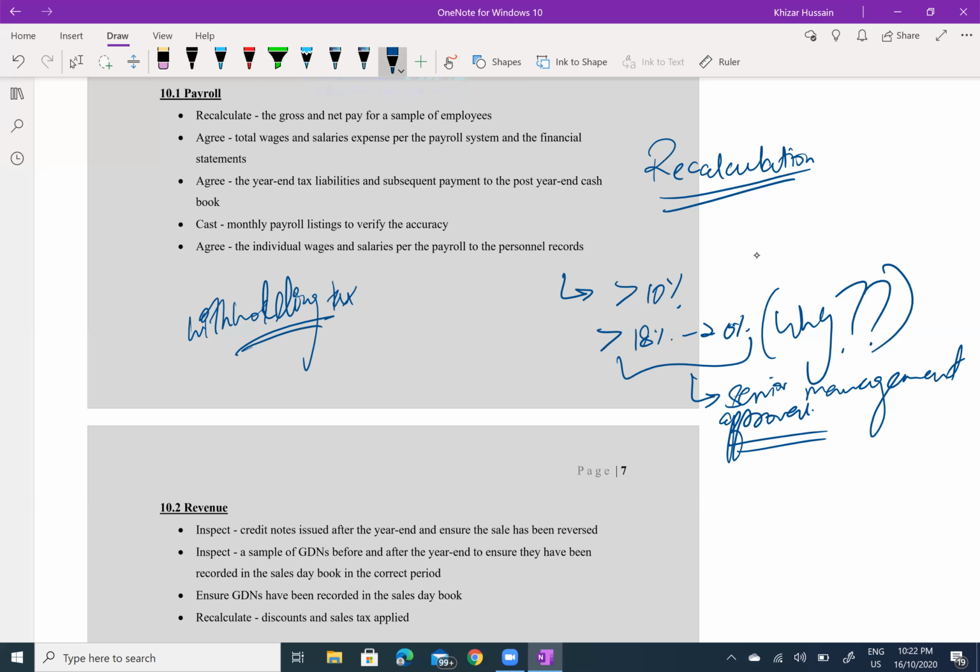So you check the tax slips, you check the tax payments against employee's salary, tax slips, or let's say tax challans, right? You check these to ensure that the company is actually paying the tax on behalf of employees, and the funds are not being misappropriated. Get it? Yes. You understand it? Yes, sir.